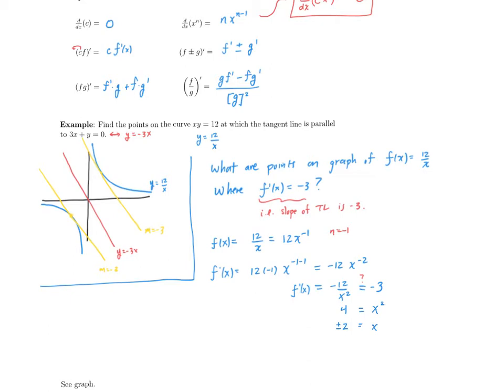But we do have to be very careful to make sure that we're answering the desired question. We want to find the points on the graph of this function that satisfy this. So we have to think about what are the points that correspond to x being positive 2 and x being negative 2.